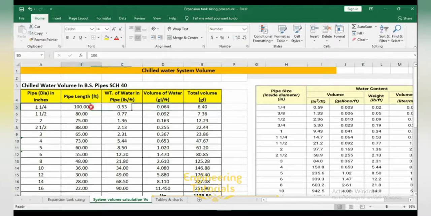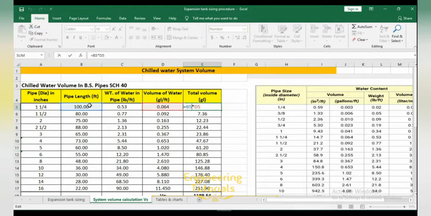So now we have 100 feet. We need to multiply this 100 feet with the volume of water per feet, so we get the total volume for that length. The formula which I have applied here is the volume of water in gallons per feet multiplied by this length.